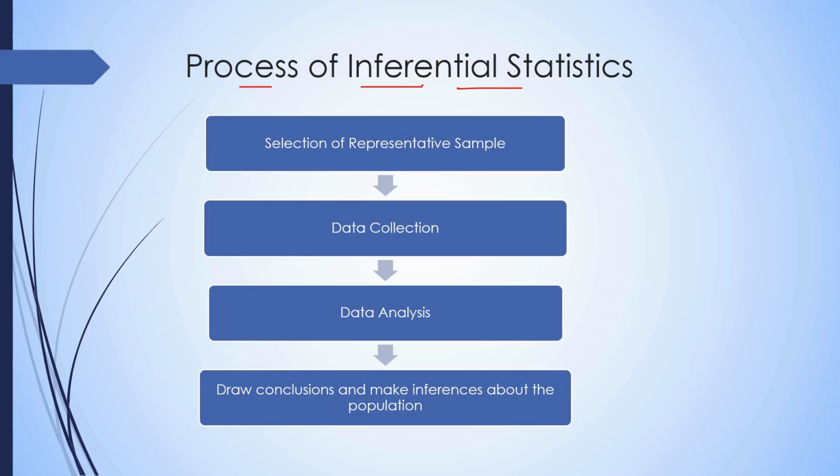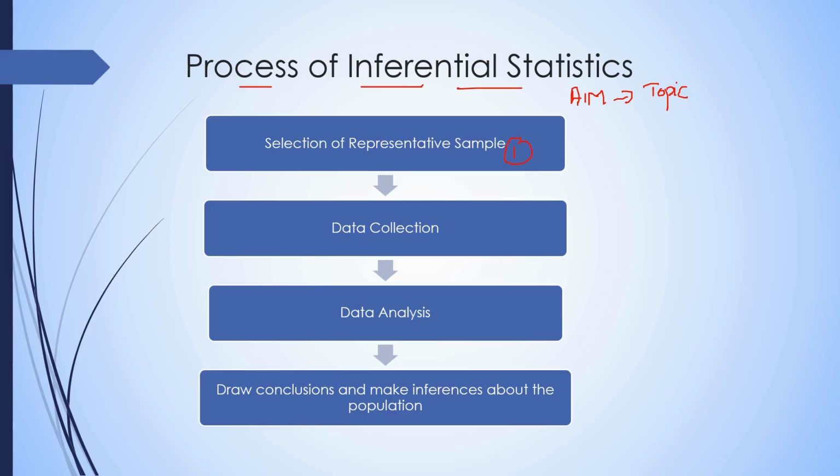So the first step is selection of representative sample. Once you have decided the aim or the objective of your study, like what would be your topic, your next step would be finalizing the sample from the population which is under study. So this is selection of representative sample.